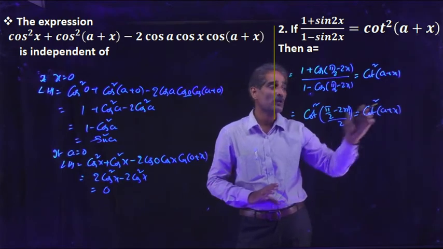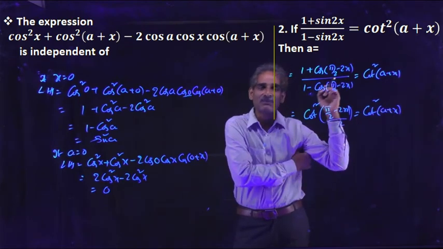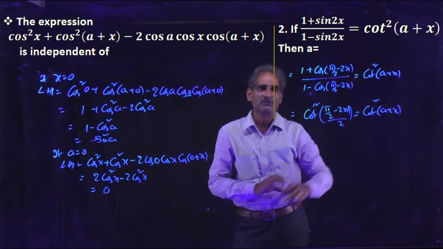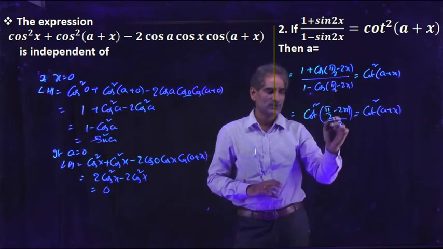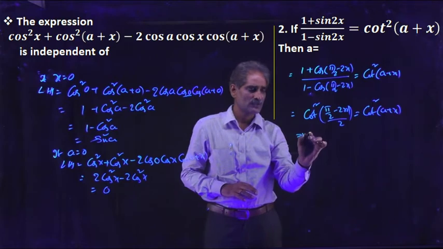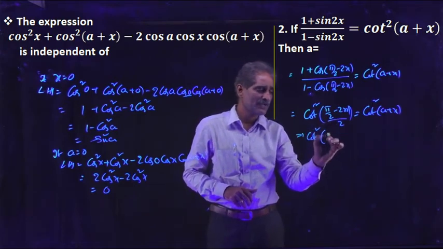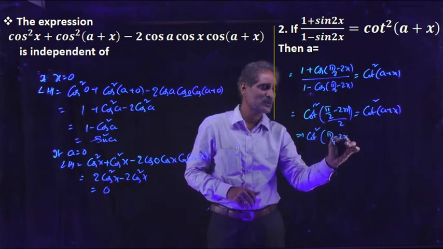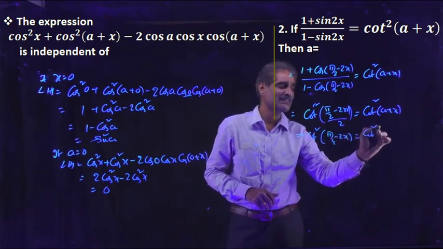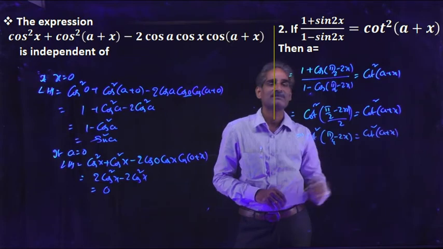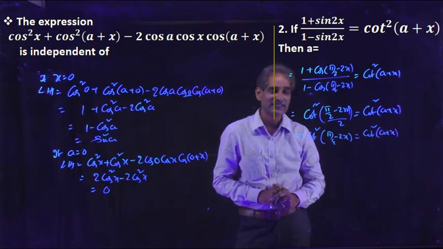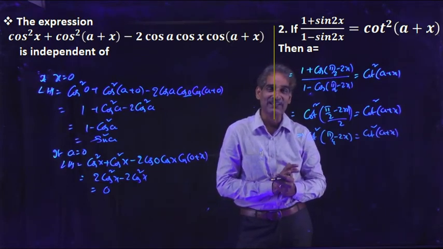Okay, so we have to express it in the a plus x form, then we have to find the a value. So from this we are getting cot square (pi by 4 minus x) is equal to cot square (a plus x). Okay, now what is the value of a?